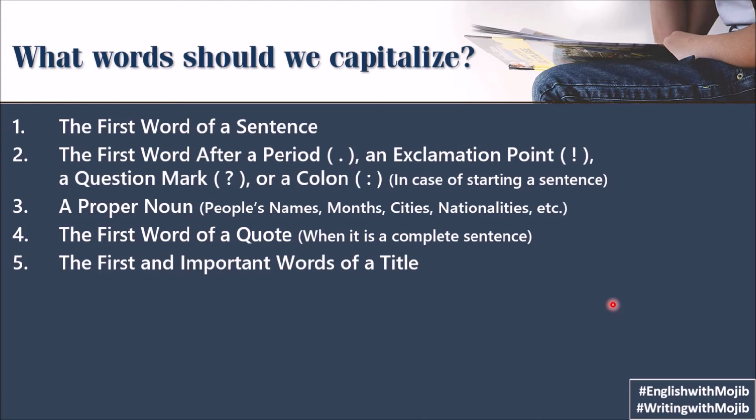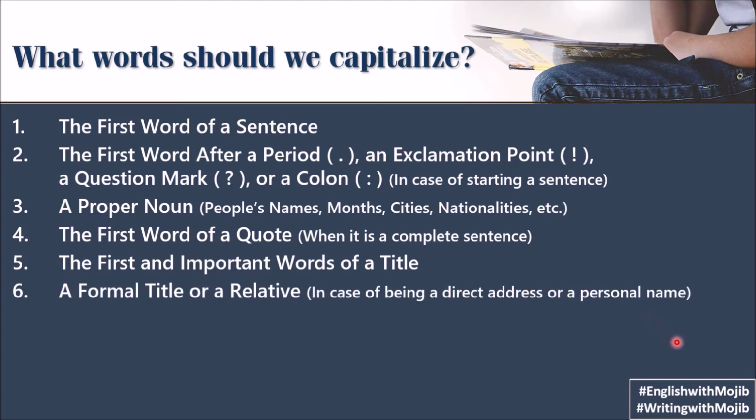As you can see, T is capital, F, I, W, and T are capital in number 5 because we have some titles here and we capitalize the first and important words of a title. As you can see, and, of, and are not capitalized because they're not important. And if we have a the in the middle of the topic, it shouldn't be capitalized. But because the is in the beginning of the topic, it should be capitalized.